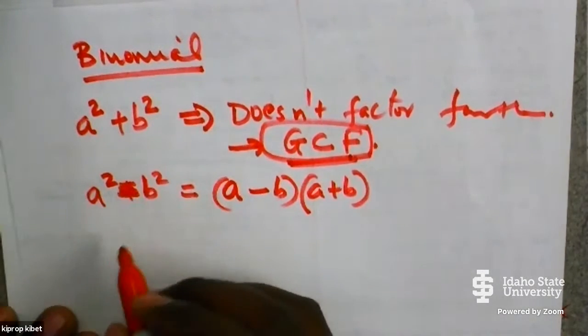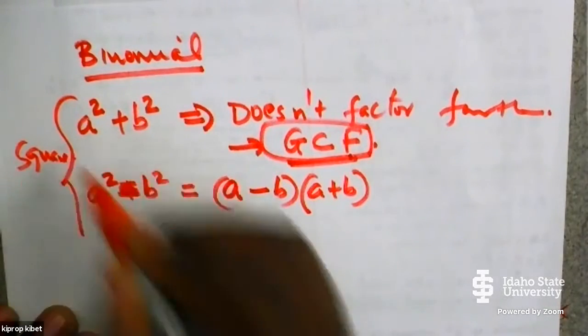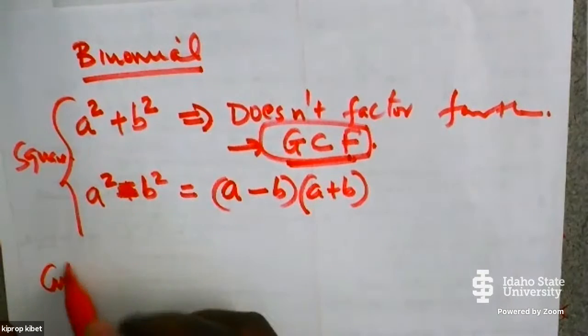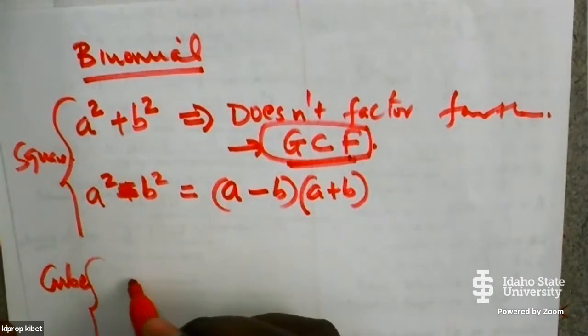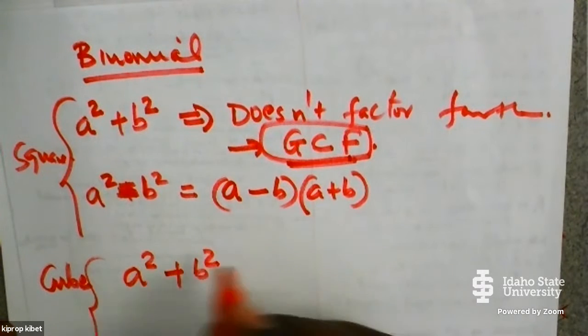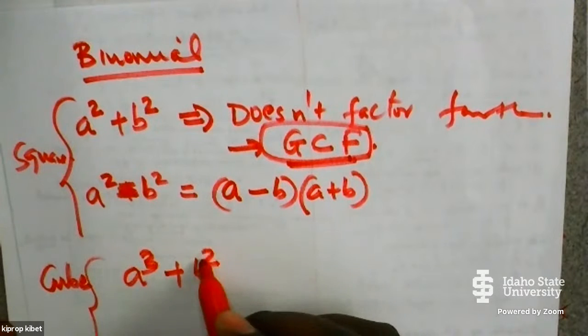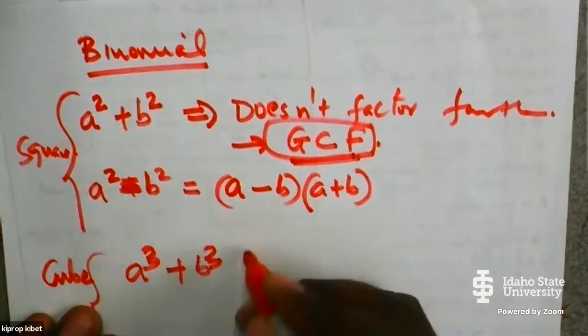Now, if it is a cube, so this is a square. If it is a cube, we have the patterns that we were using. If we have a cube plus b cube, what was the pattern for this?